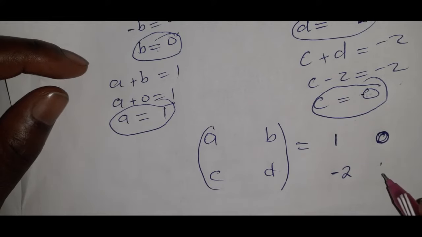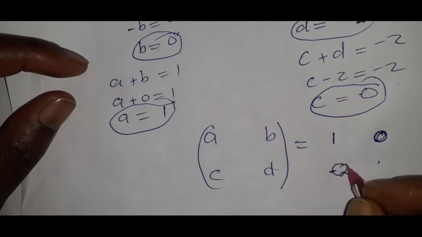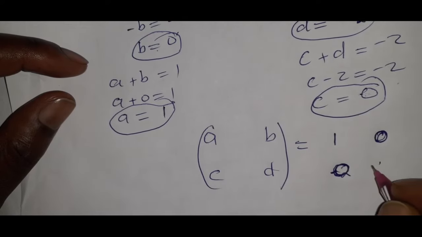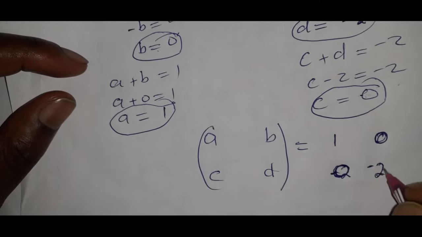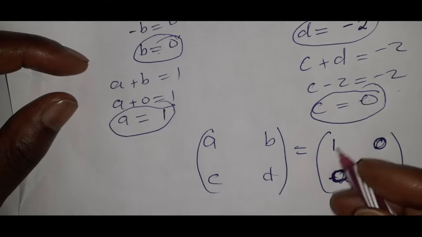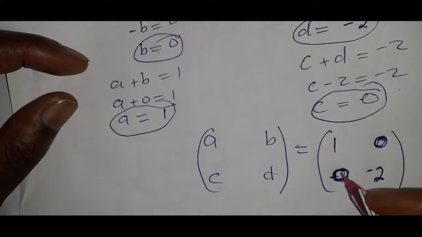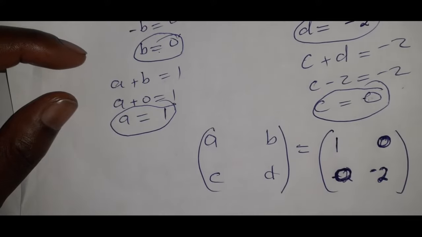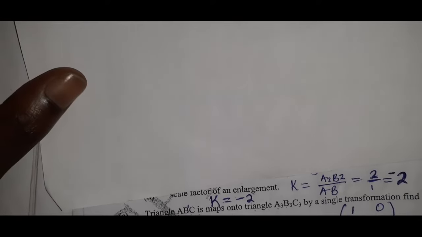Sorry, this is supposed to be 0 here on C, and this is supposed to be -2. So this is the matrix that we are supposed to have: 1, 0, 0, -2. That's the matrix that we need here. Okay.